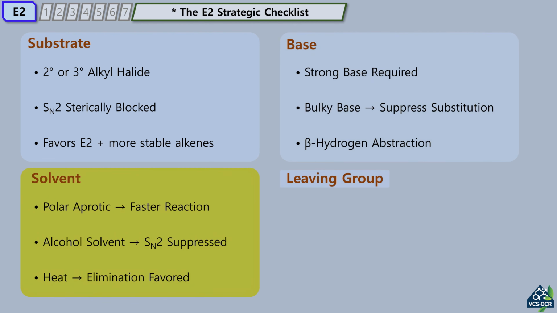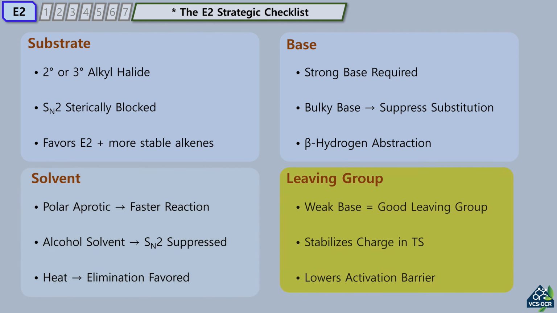Third, the solvent. Polar aprotic solvents increase base reactivity, while using the conjugate alcohol with elevated temperature slows substitution and biases the reaction toward E2. Fourth, the leaving group. Choose a superior leaving group, a weak base that stabilizes electron density in the transition state, lowering the activation barrier and increasing the elimination rate.